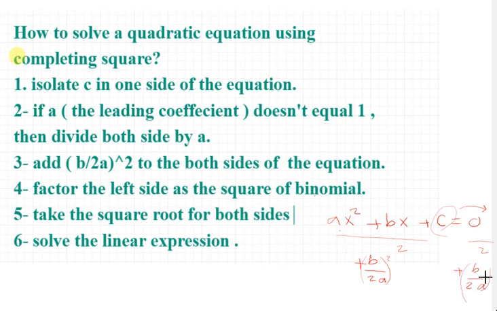When we complete the square, we get the factor as a square of a binomial, take square roots for both sides, and then solve the linear expression.